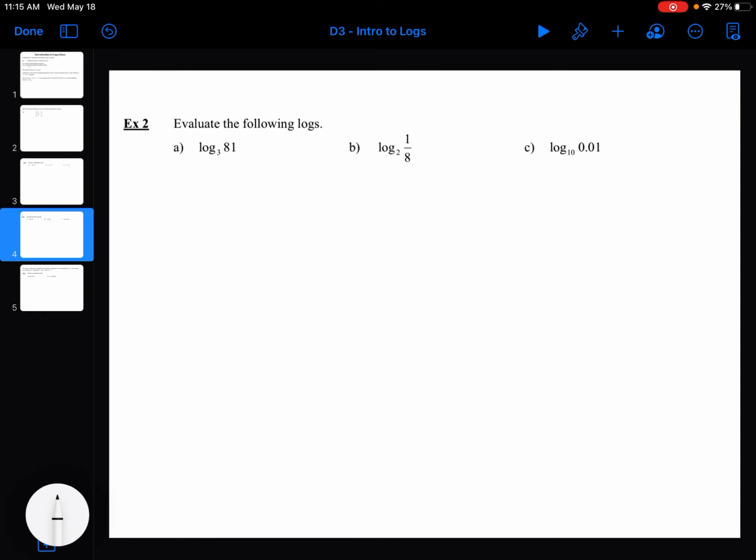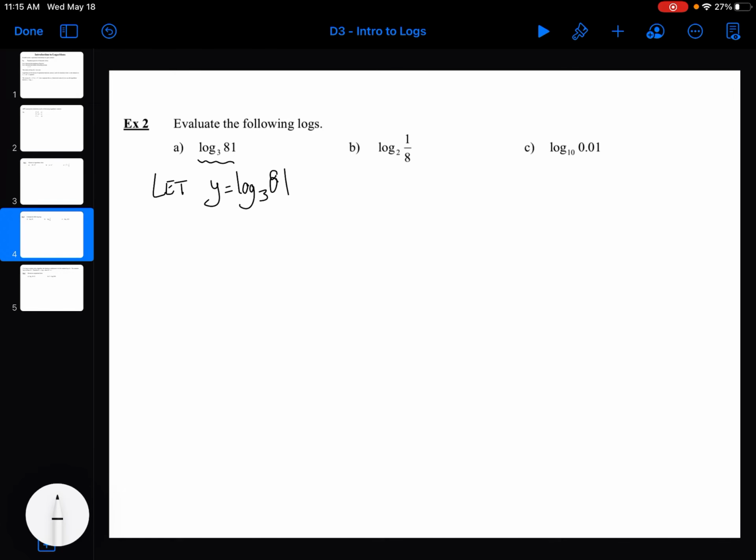Evaluate the following logs. Let's look at this one first. This is saying 3 to some exponent is equal to 81. So we could say, let y equal log base 3 of 81. Now we're solving for y.